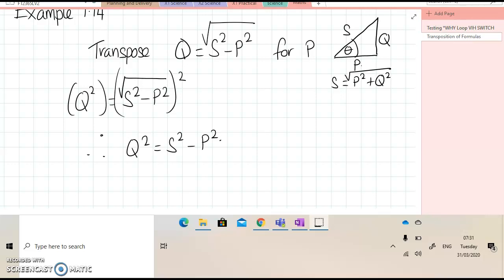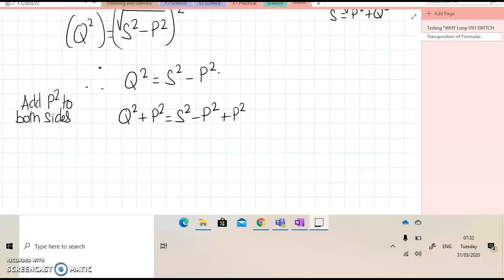The next thing we need to do is effectively get P as the target that we're working out. So to remove P squared from the right hand side, we simply add P squared to both sides. So minus P squared plus P squared, well, they will cancel themselves out.